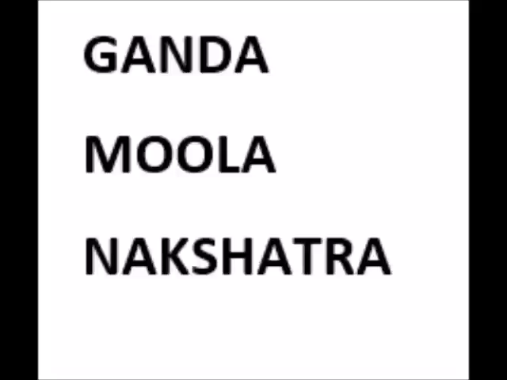Health to the mom will suffer, or the mother will suffer from bad health. And in case the birth is in the fourth part of this nakshatra, this person will face problems in his own life. So these are the effects of all the four parts of the Ganda Moola nakshatra called Jyeshtha.